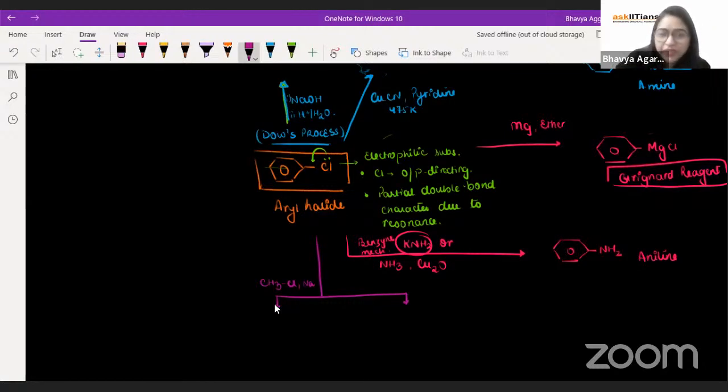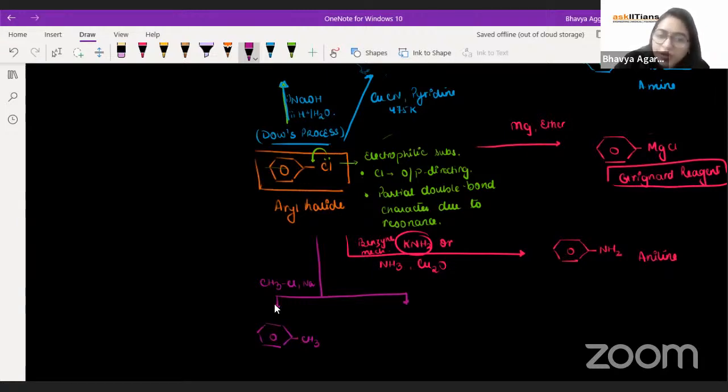That Fittig or Wurtz-Fittig one. Now the purpose of the Fittig reaction or Wurtz reaction is to increase the carbon chain length, right? This is the same purpose of Grignard's also. It is to increase the carbon chain length.